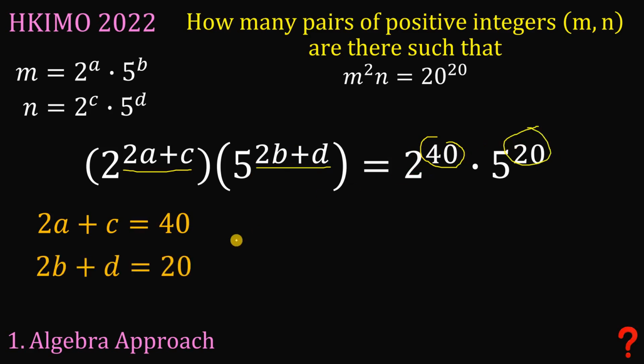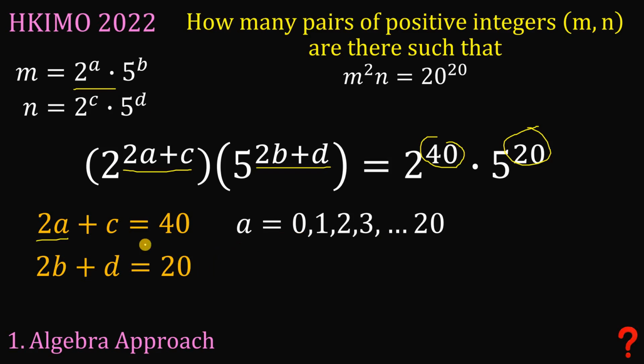And now from here, since a and b, or n and m, are both nonnegative integers, the only possible values of a are 0 to 20. If a is 0, c is 40. a can be 0 because 2 raised to the power of 0 simply equals 1, and that is still a positive integer, alright? So a can be 0 to 20.